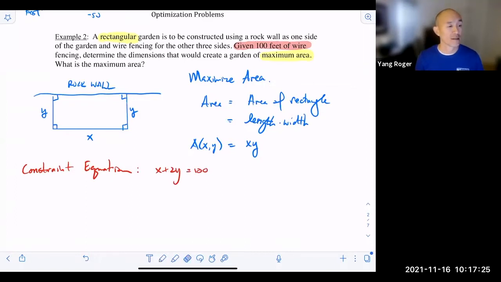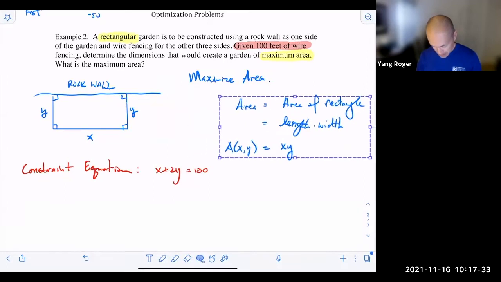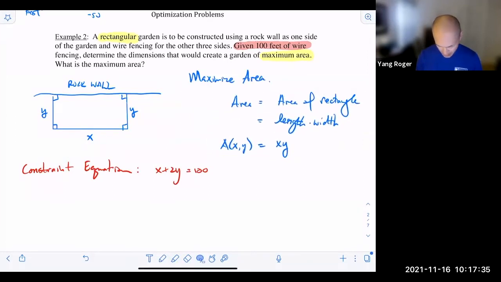Okay. So once I see that, I can make a substitution. And when I make my substitution, the area is going to be equal to, oh, we have to solve for one of the variables.